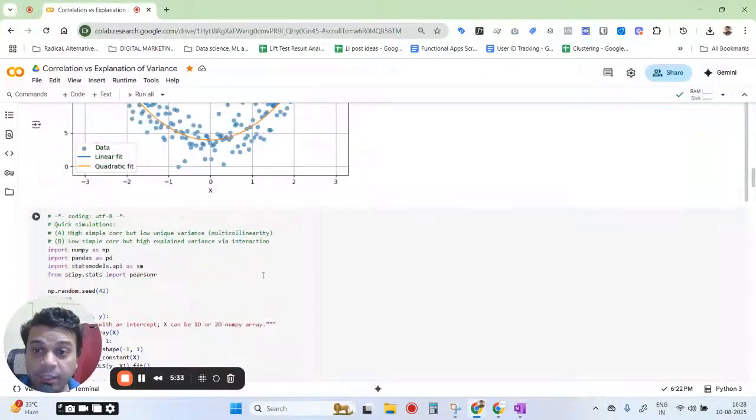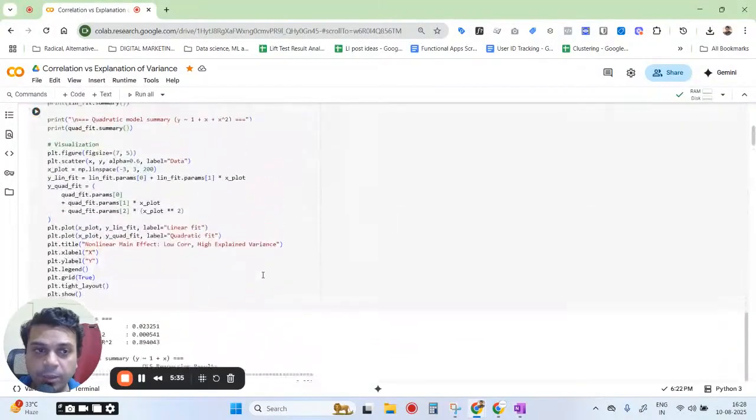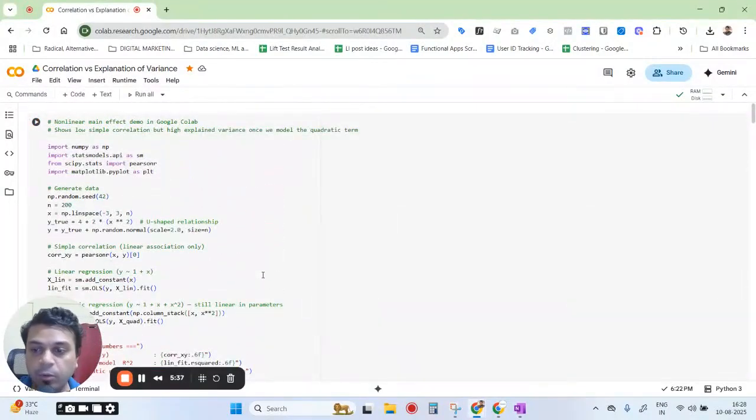So hope this was clear. These are three examples that I picked out. There can be other cases as well, where the actual association of the variables with the target variable and their contribution to the variance of the target variable may not be fully captured by just looking at correlation alone.